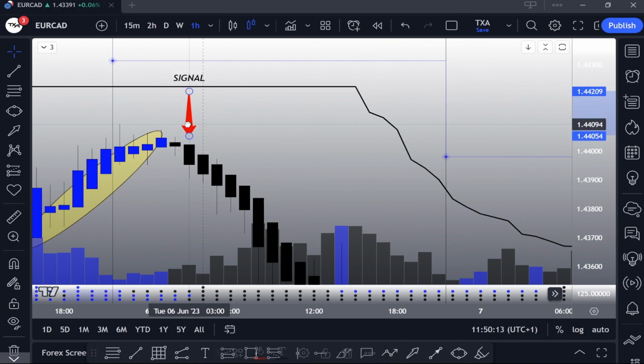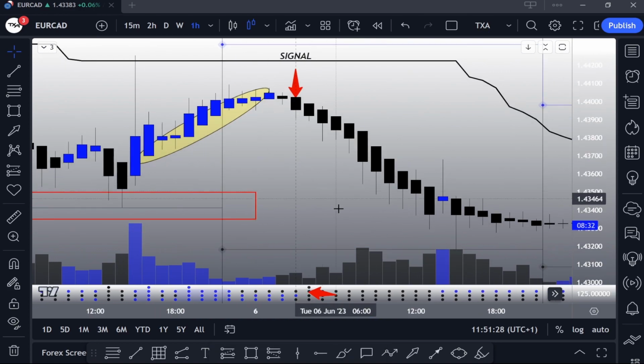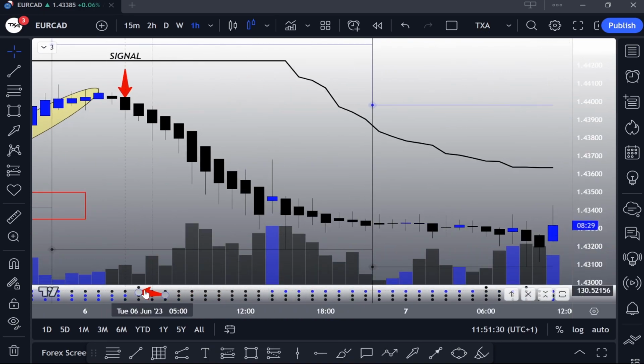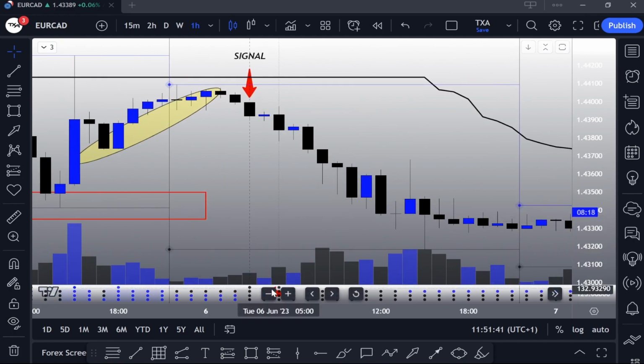Once you see this on your Heikin Ashi candlesticks, you go back to normal candlesticks. Now, what is quite interesting about this example is that on the Heikin Ashi chart, we can see that our trend meter is giving us a signal right here. But if we go down to candlesticks, we actually got an earlier signal.